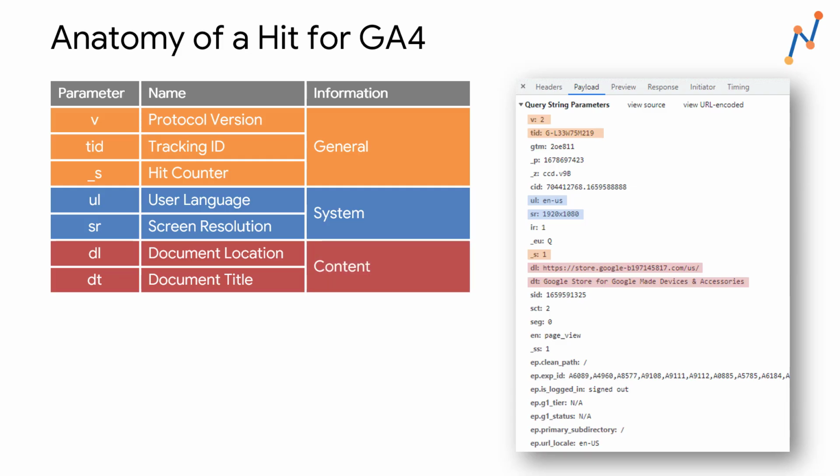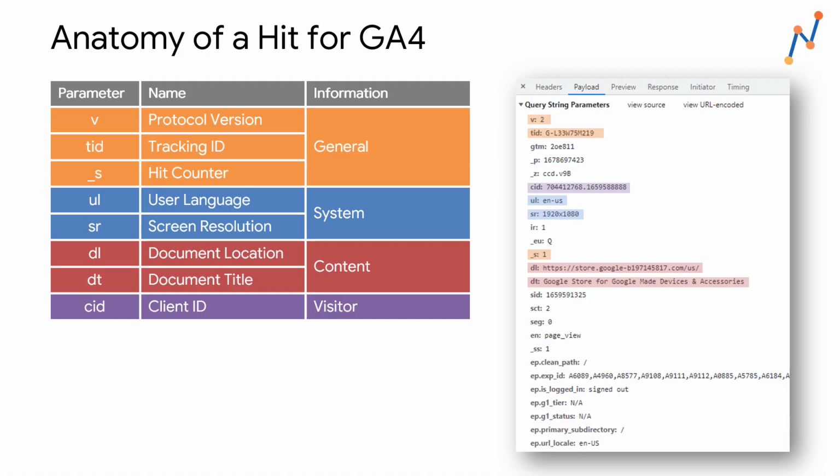Then, like for Universal Analytics, you will find the same information about the client ID in the parameter CID. Again, if you want to know more about client ID, please watch the video about users from this video series. And unlike in Universal Analytics, GA4 now provides detailed information about the session of a user with the following parameters.